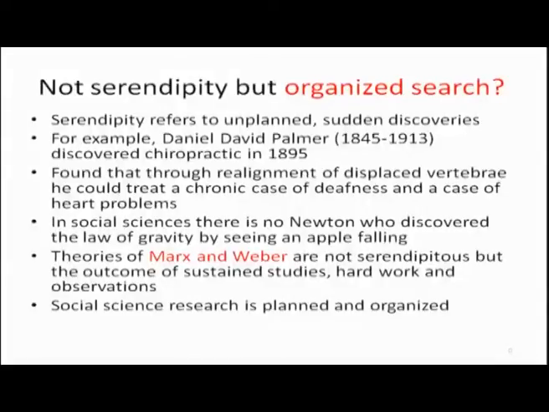In social sciences there is no Newton, and in social sciences there is no serendipity. Theories of Marx and Weber we often talk about are not serendipitous, but the outcomes of sustained studies, hard work and observations.